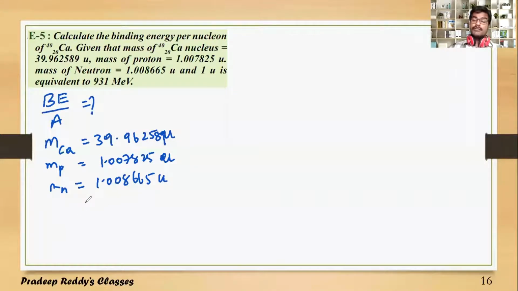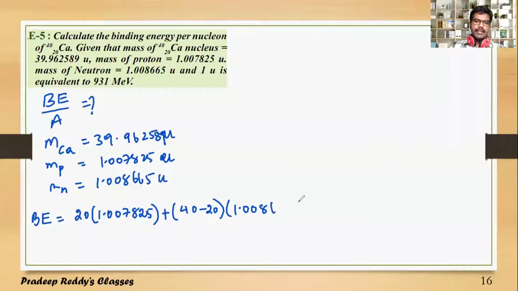Now you should first find out the binding energy and then divide it by the mass number, so that you will get the binding energy per nucleon. As we know, binding energy is equal to 20 times the mass of proton, 1.007825 AMU, plus (40 minus 20) times 1.008665 AMU, minus the mass of Ca, 39.962589 as a whole.